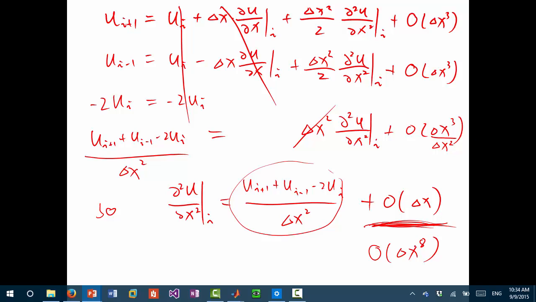But if I have 8th order, then I know every refinement by a factor of 2 gets me a factor of 256... a factor of 64 better approximation error. That's very good, right? So this is the order of the approximation. We want something like this.